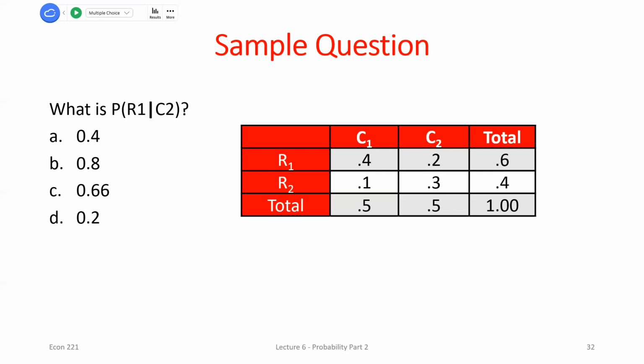The probability I see that is R1, C2. That probability is 0.2. What's the probability that C2 occurs? Go down to that total, 0.5. Right? So I can get these conditional probabilities from my contingency table. It just takes a little bit more work.